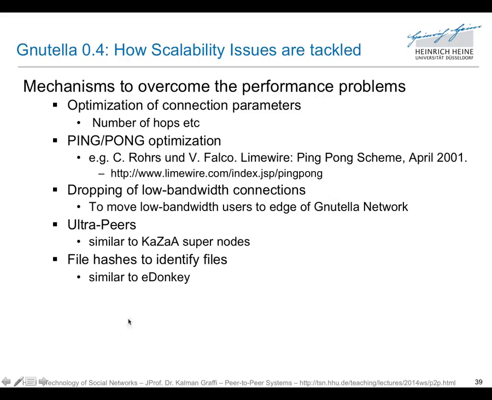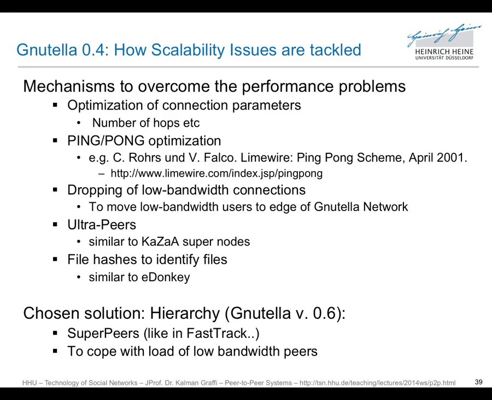Also, what could be done is to reduce the file number. So once we introduce file hashes, then we don't need too many responses. So then we could also show, okay, we already have multiple sources for a specific file, and we don't have to forward this query further on.